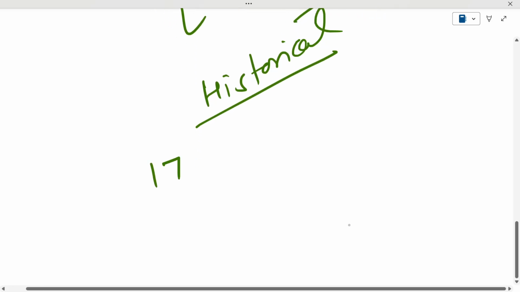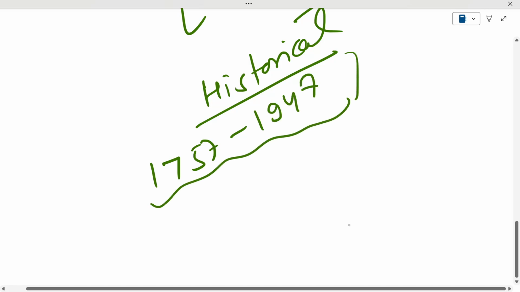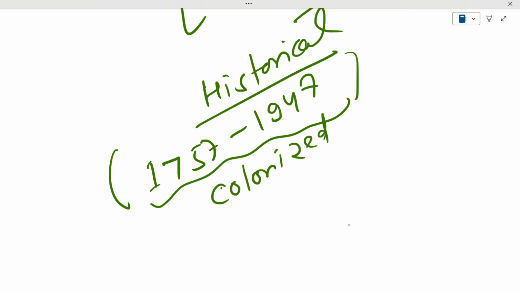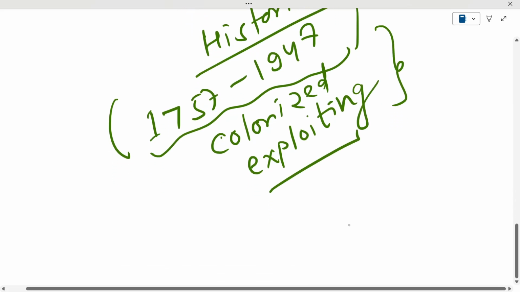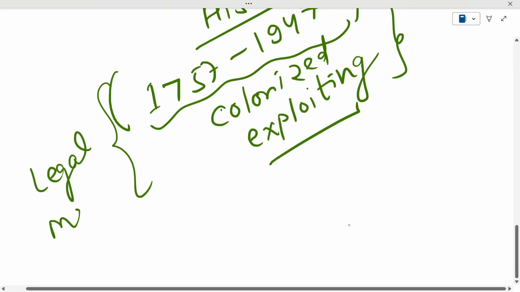From 1757 to 1947, the British or the European powers colonized India. They kept exploiting our country, and they did it in a legal but malicious way.